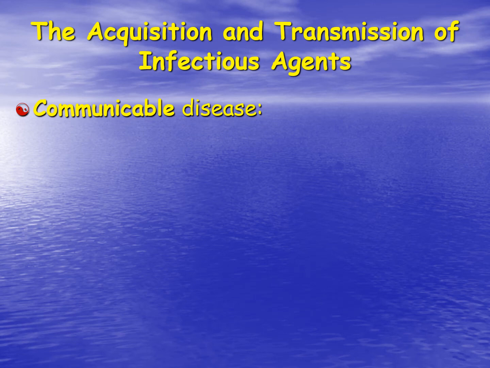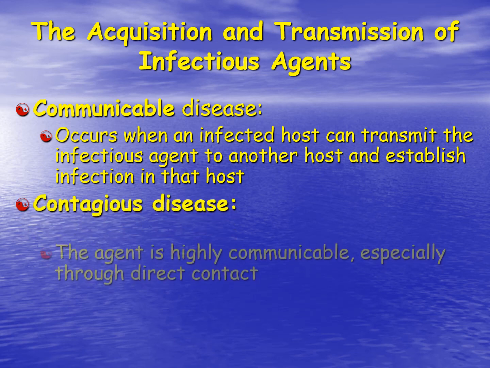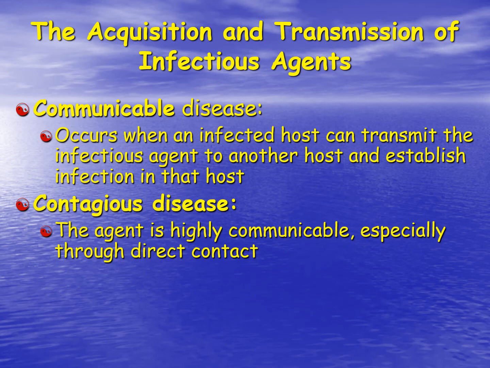Now, communicable diseases. These are diseases that occur when an infected host can transmit the infectious agent to another host and establish infection in that new susceptible host. Contagious disease is where we have an agent that is highly communicable, especially through direct contact. These two terms get used kind of interchangeably. Is a contagious disease communicable?